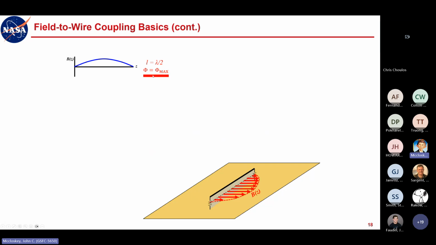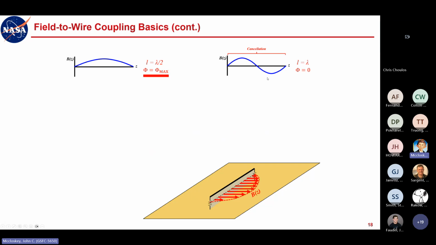You can't get any more than this, because when you keep increasing the frequency, you're going to get some cancellation. You're going to get some of the negative part of that distribution along the length of the cable. So when you increase the frequency to the point where the length is now a full wavelength, you have complete cancellation. You have just as much flux going in this direction as you have going in this direction.